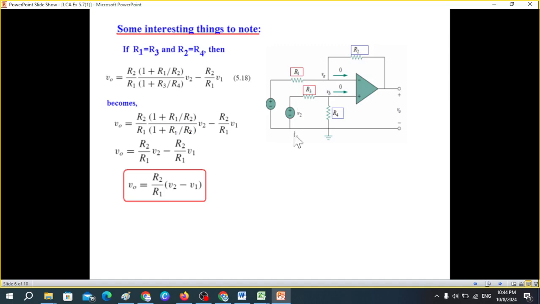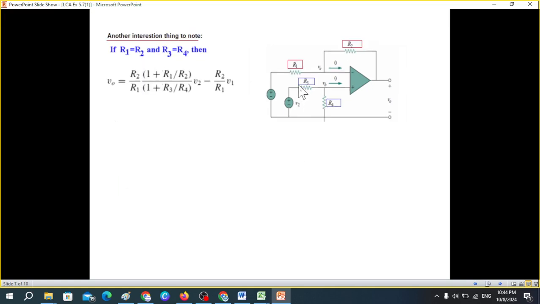There's another possibility. What if we take these two to be same? So let's see. If R1 and R2 is same and R3 and R4 is same, from here, again we'll plug in these changes. So R1 and R2 is also equal to R1, so R1. R3 and R4 is equal to R3.